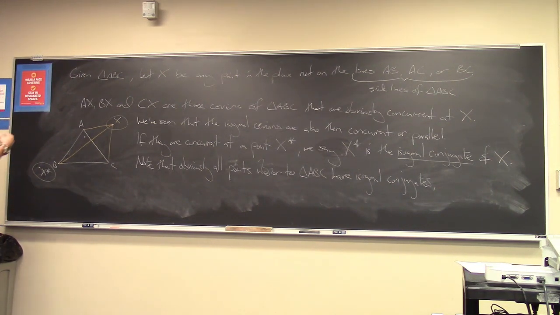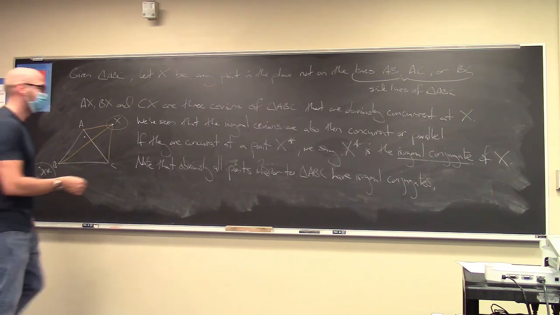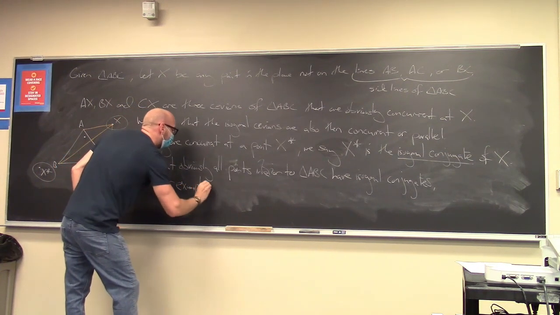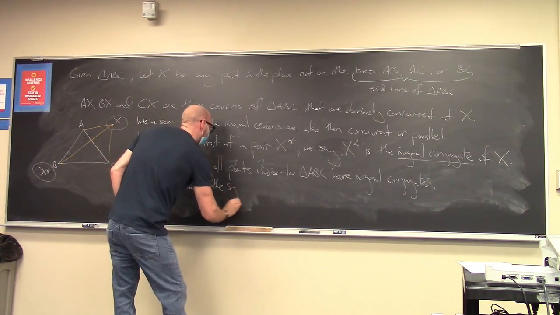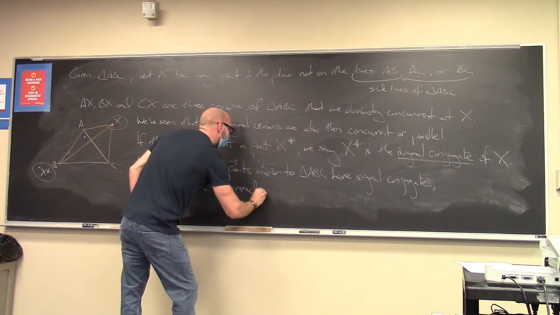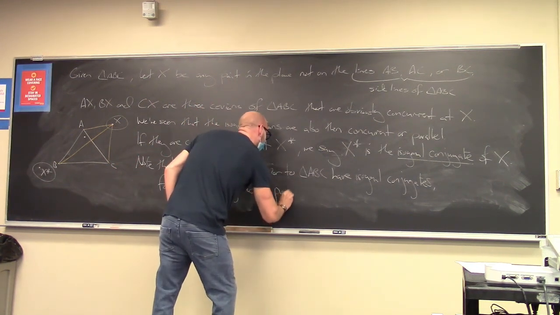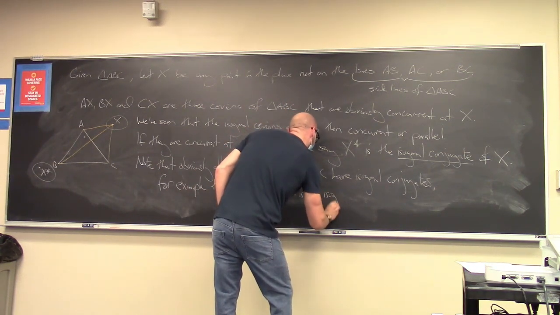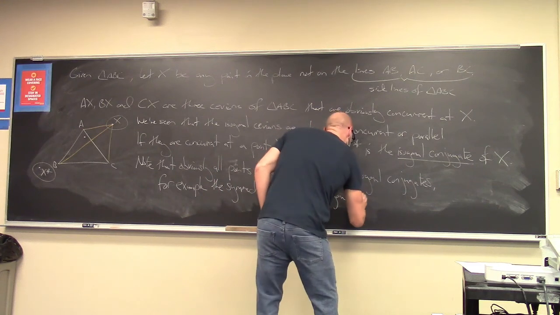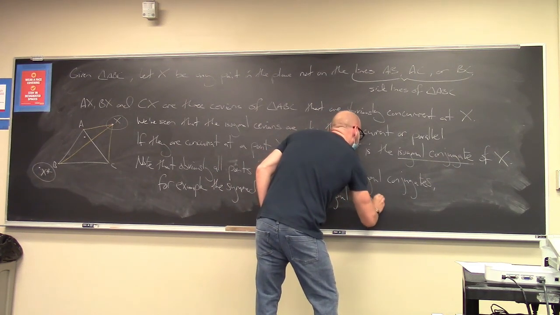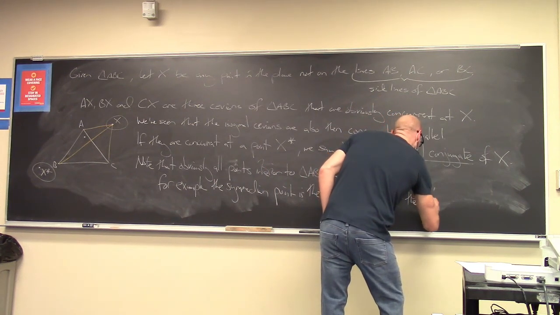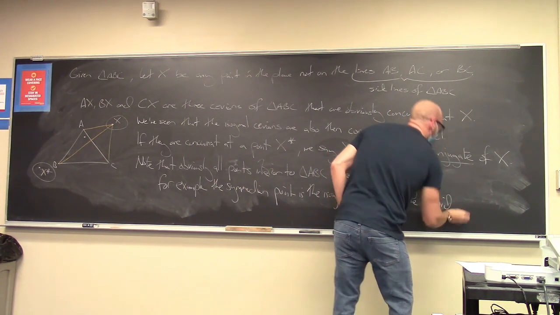And for example, the symmedian point is the isogonal conjugate of the centroid.